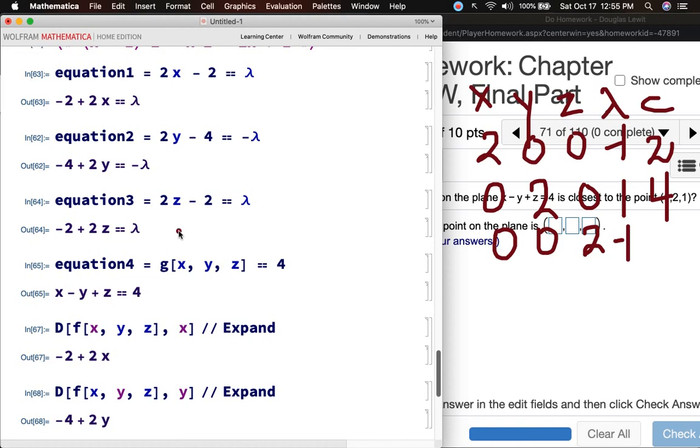And the -2 on the other side becomes a +2. And finally, at the very bottom, I'm going to have 1x minus 1y plus z, and there's no lambda, and that's equal to 4.